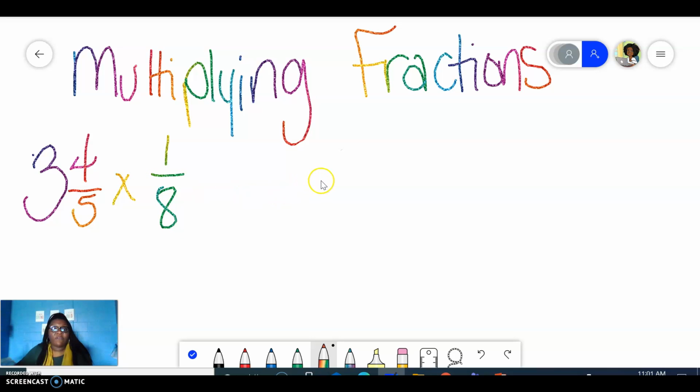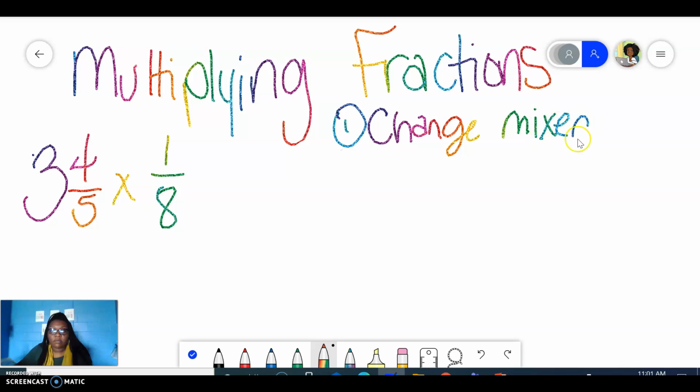Okay, so the first thing we need to do here, step 1, is change my mixed number to an improper fraction.